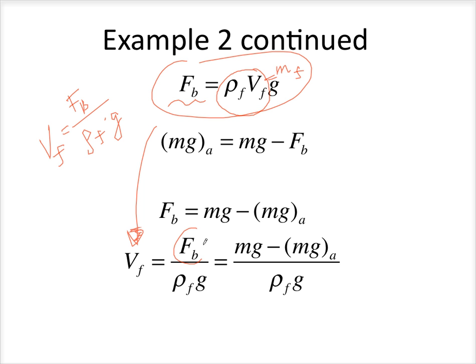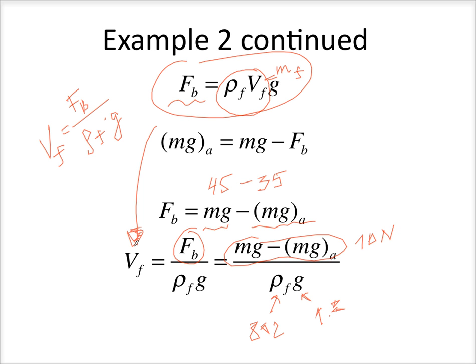So then buoyant force is the difference between mg, which is the actual weight, and apparent weight. In our case, it's 45 minus 35, which is 10. So this right here is buoyant force, which is 10 newtons. This right here is, if I remember correctly, 802, and that is 9.8.